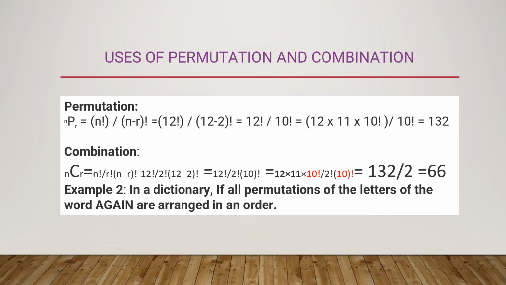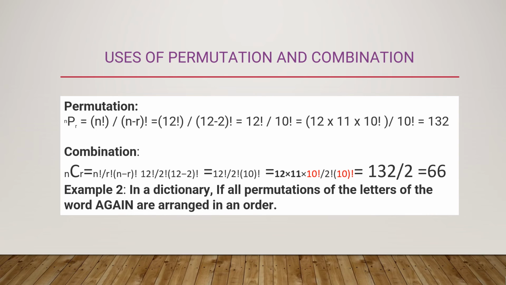For combination, obviously it is of lesser value compared to permutation. So our formula is n factorial divided by r factorial multiplied by n minus r factorial. Substituting the given, we have 12 factorial divided by 2 factorial multiplied by 12 minus 2 factorial. We need to get the difference between 12 and 2, so that's 10.